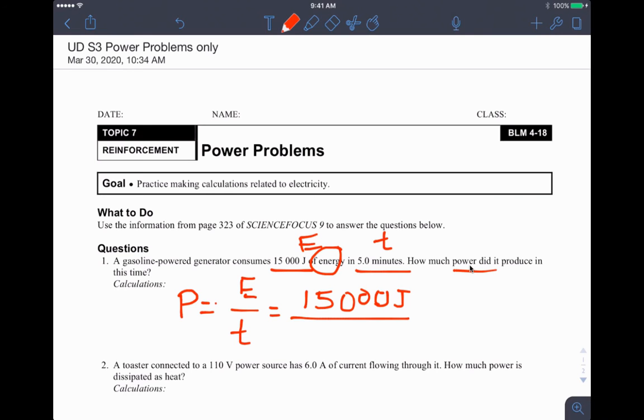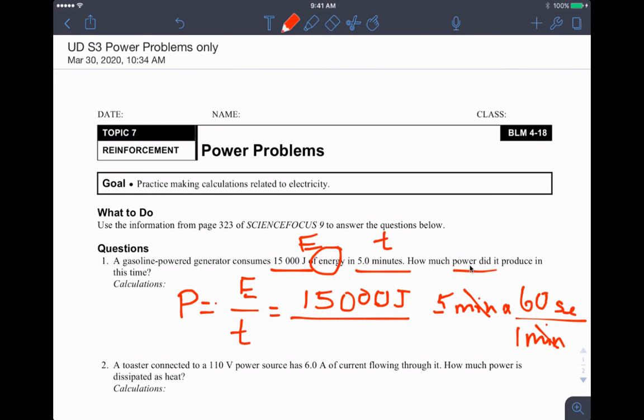And so you can't use minutes. If you ever see minutes, you've got to convert them into seconds. So 5 minutes, if you know there's 60 seconds in 1 minute, we basically just need to multiply 5 by 60. And I showed you this as a unit conversion fraction. I like to show you that the minutes will cancel out because we don't want minutes, we want seconds.